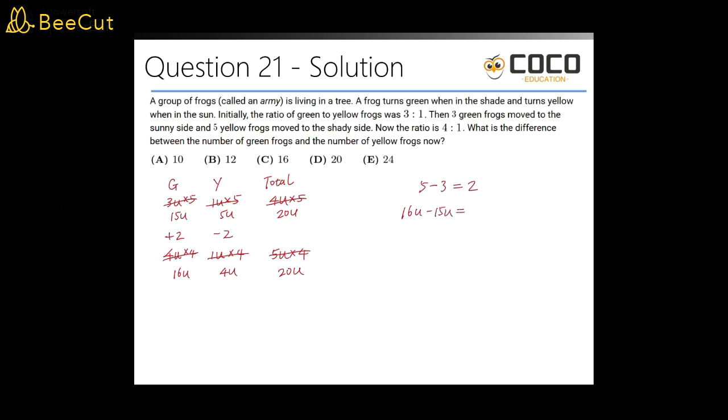Number of green frogs changes from 15U to 16U. 1U is 2. Now they want us to check the difference between the green and yellow in the end. So 16U minus 4U equals to 12U. U is 2, so 12 times 2. This is 24. We choose option E.